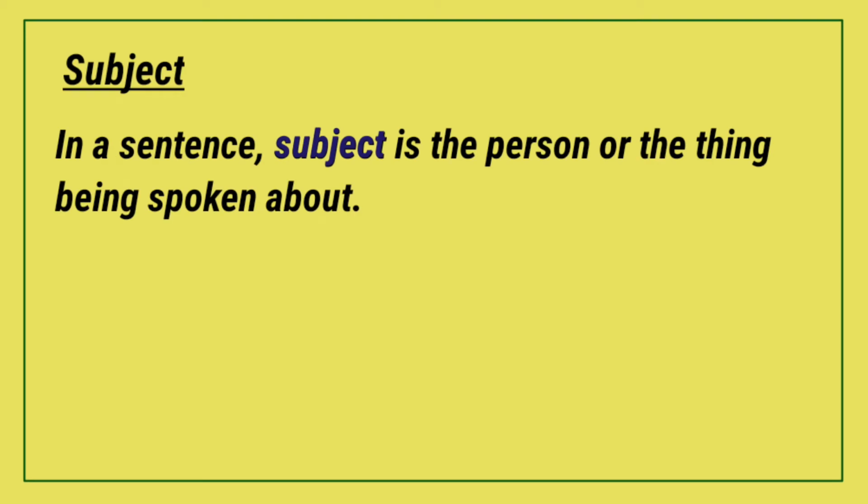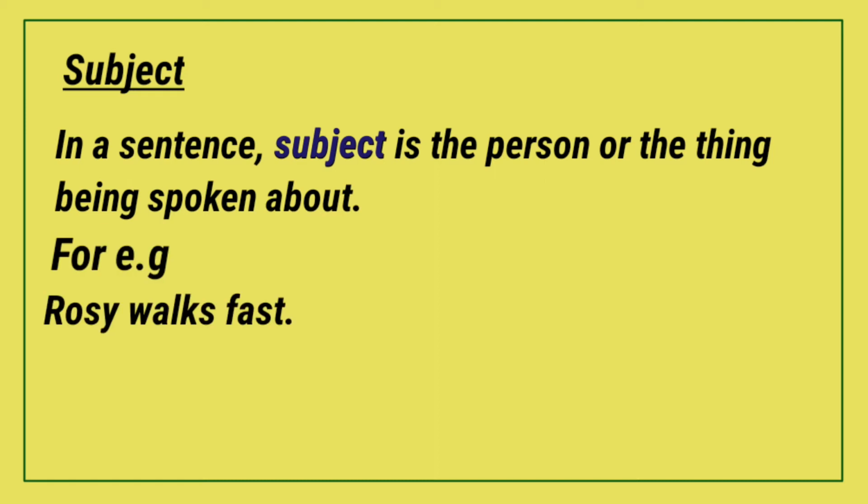Now, in a sentence, subject is the person or thing that is being spoken about or talked about. For example, Rosie walks fast. As we are talking about Rosie in this sentence, so Rosie is the subject. Take another example.